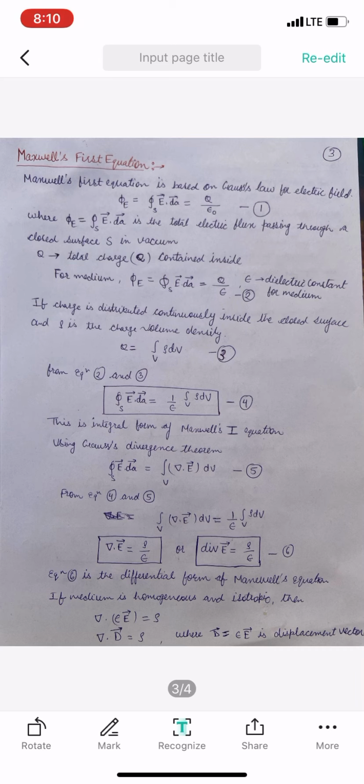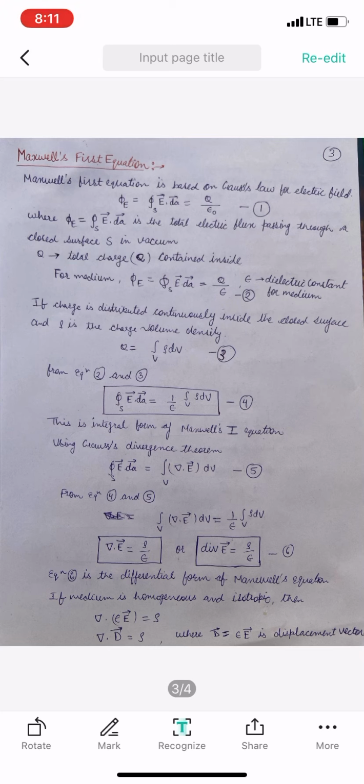From equations number 1 and 2, we can see that the integration over the closed surface of E dot dA is equal to 1 upon epsilon times the integration over volume V of rho dV. It is equation number 4. This is the integral form of Maxwell's first equation.